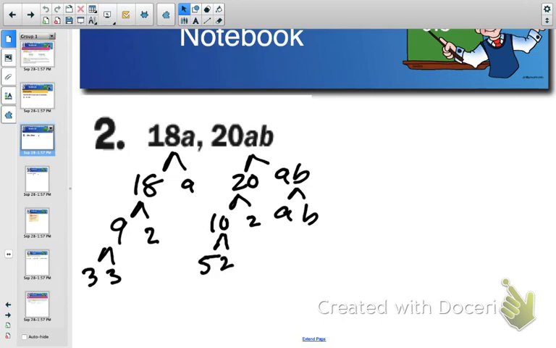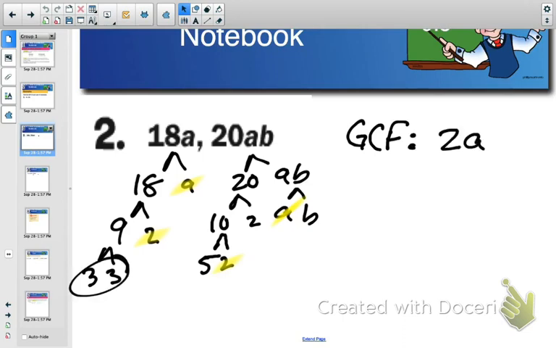Now we need to see what they have in common. There's no 3's in the 20. There is a 2, and there's an a, but that's about it. So our GCF is just going to be 2a. The rest of these things do not match up, so those do not belong in the GCF.